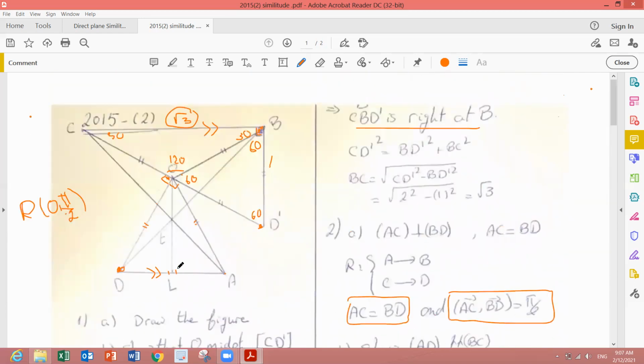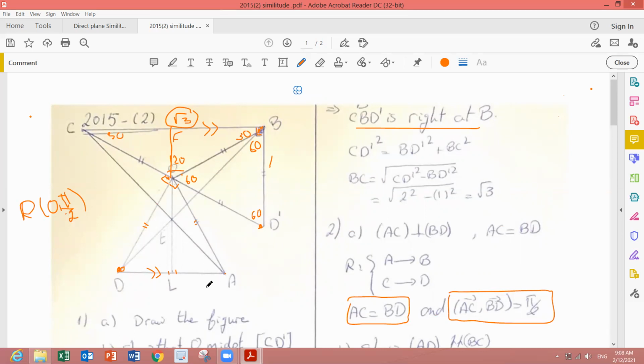Now L is the midpoint of AD, then H of L is the midpoint of H of AD. Meaning, where will the midpoint be? Where will H of L be? So F is here. F is the midpoint of BC. Every transformation preserves midpoint.